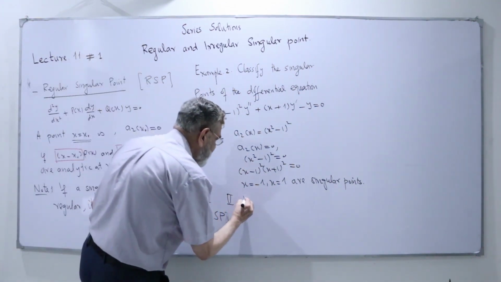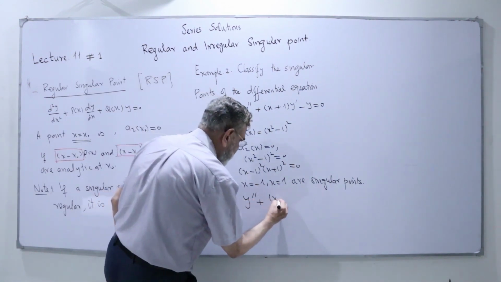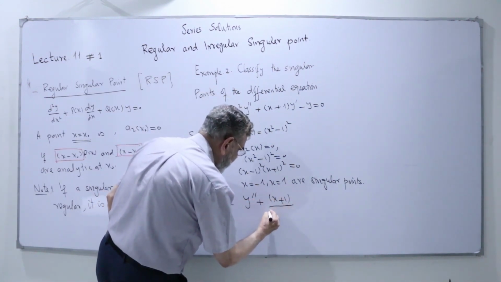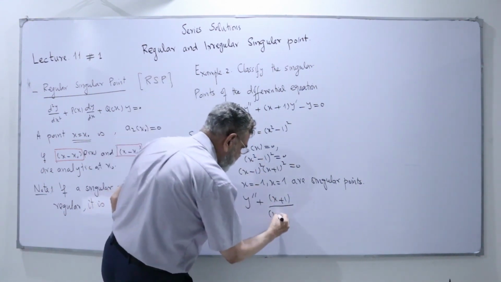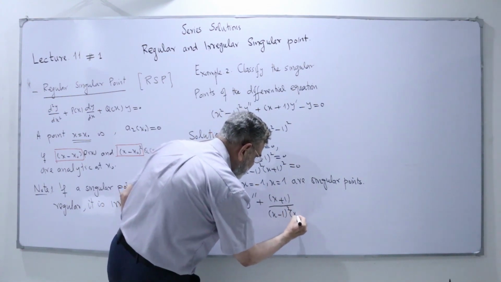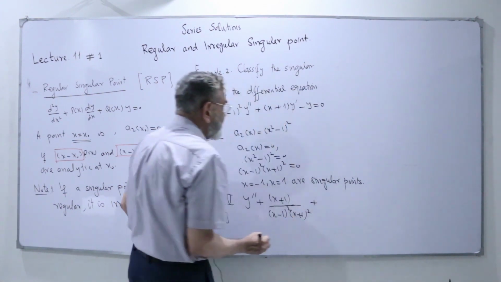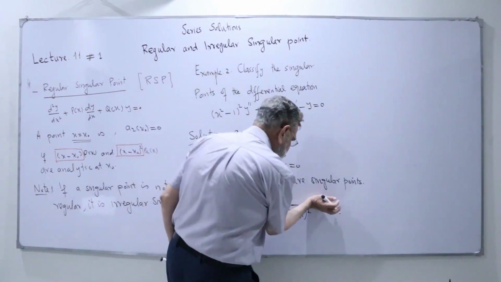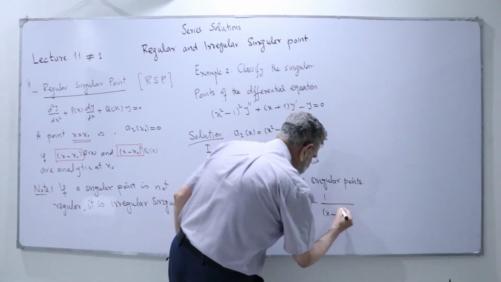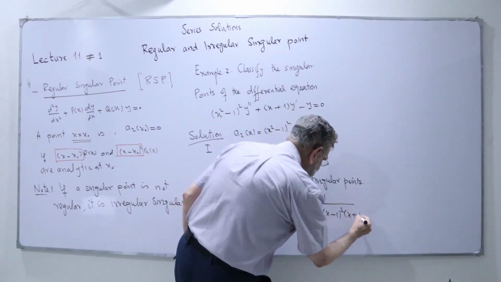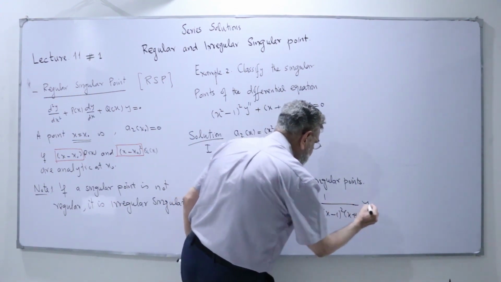I get y'' plus (x + 1) over (x² − 1)², which we can write as (x − 1)² (x + 1)² y', and plus we divide the last term, minus 1, by the same, so we get −1 over (x − 1)² (x + 1)² y, equal to 0.